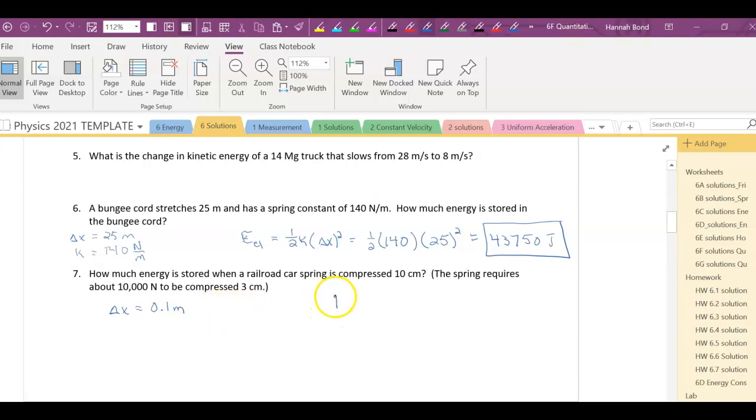That puts me in mind of Hooke's law, which says that the applied force equals the spring constant times the displacement. And they're telling me that the applied force has to be 10,000 newtons if the displacement is 3 centimeters, which is 0.03 meters. And so I could solve for K here.